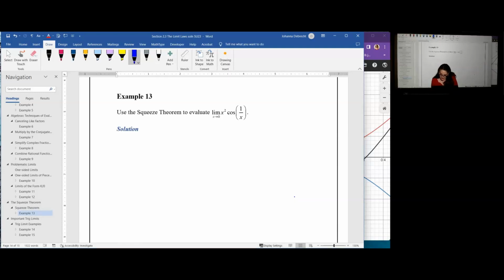You start by saying the cosine of 1 over x has to be trapped between 1 and -1. That's a fact. And then you multiply each part of the inequality by x squared. Because x squared is strictly positive, you don't have to worry about reversing the symbols.